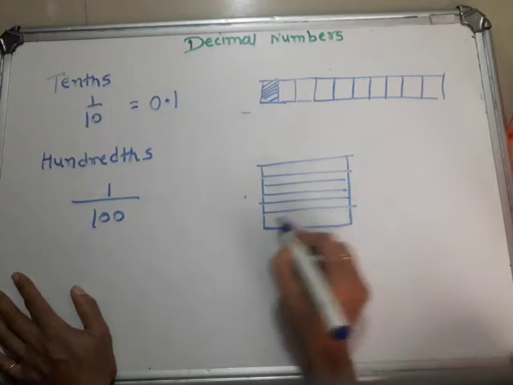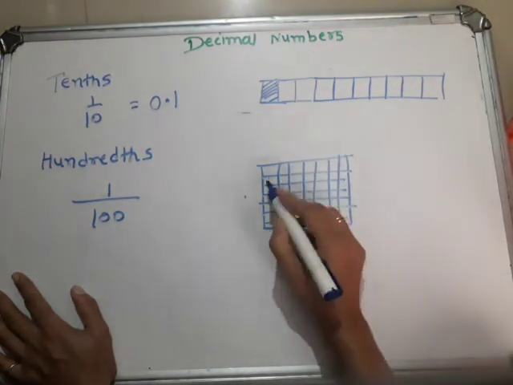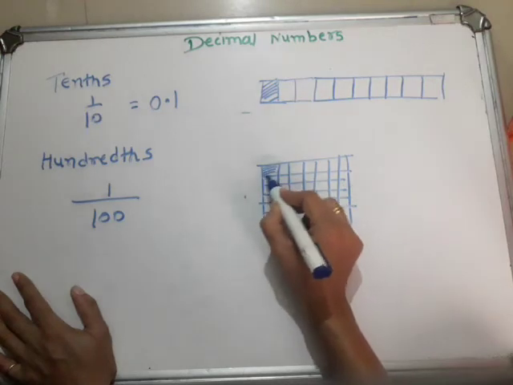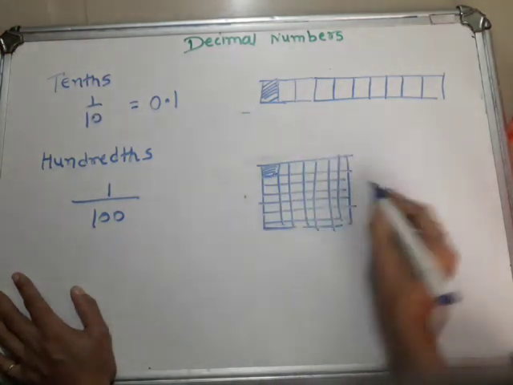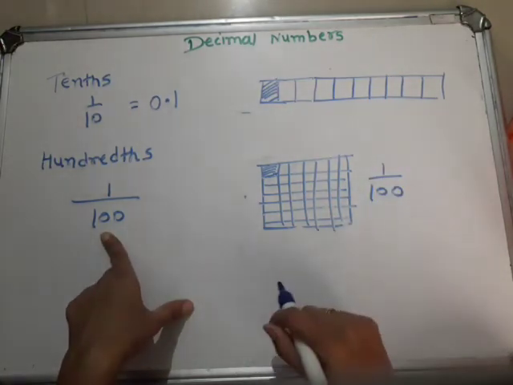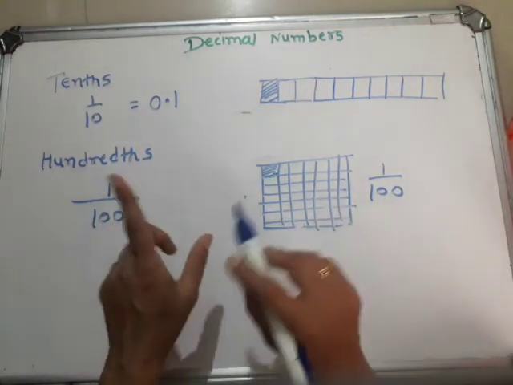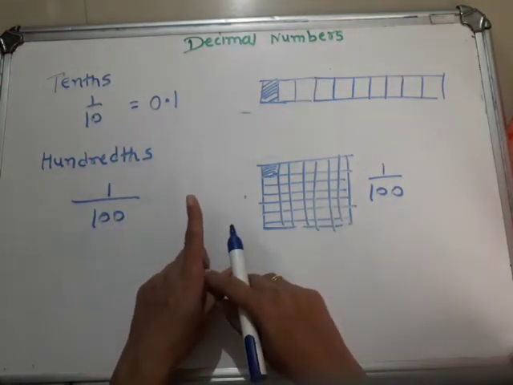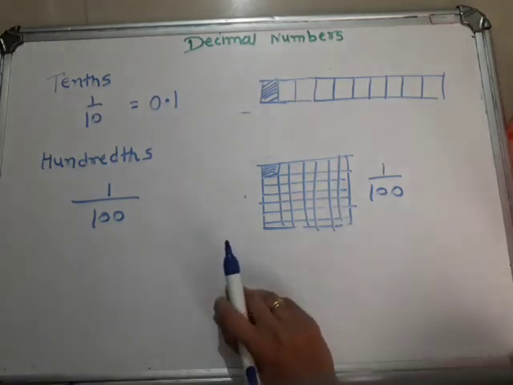There are 10 sleeping lines and 10 standing lines here. So one part of each is called 1/100. These total boxes are 100. Out of 100, one part is colored, so each one part is called 1/100. So 1/10 is further divided into 10 equal parts, then each part is called 1/100.